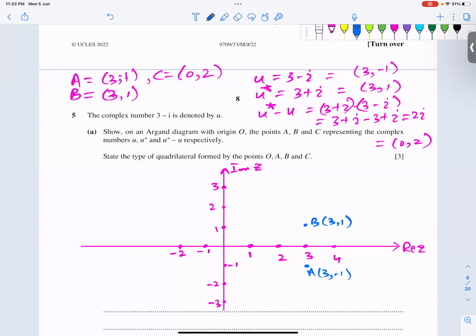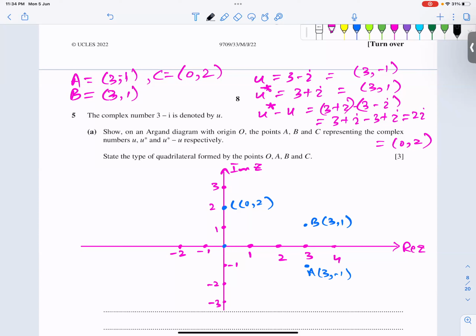The C point is on the y-axis because it's 0 comma 2. So 0 comma 2 will be this point. Now the O point was 0 comma 0.